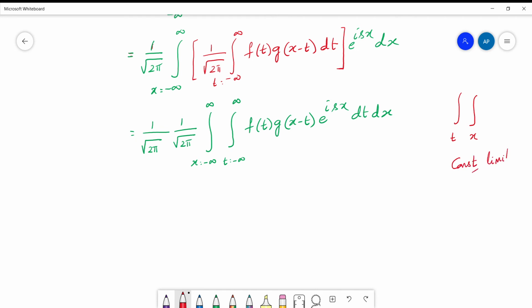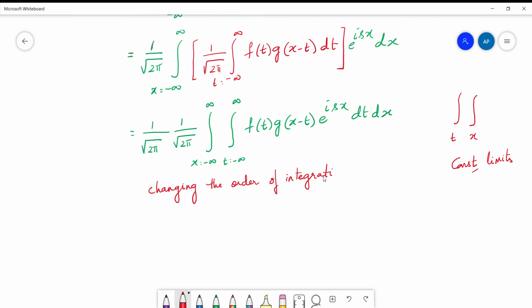So the constant limits will not change when you change the order of integration. So we shall perform the changing of the order of integration. I am going to just rearrange because there is no problem of limits here.